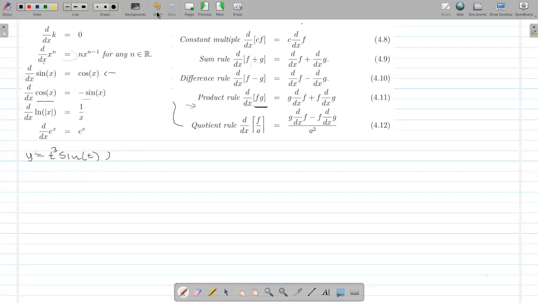Sin t, I will write without the brackets. Okay, so this is the same thing. I find the derivative, no? Okay. So here I'm looking for the derivative of this guy.